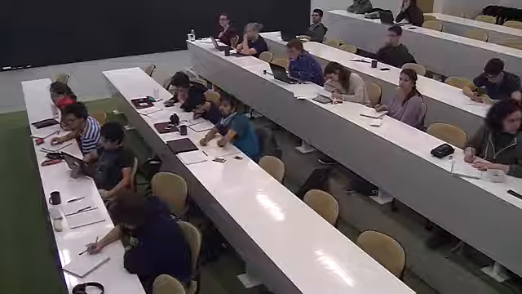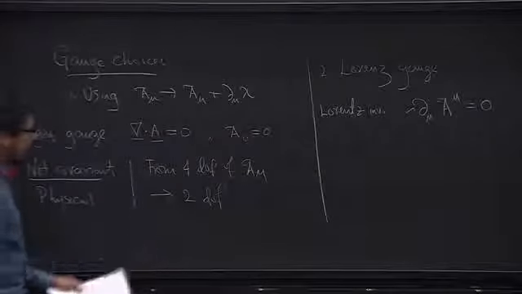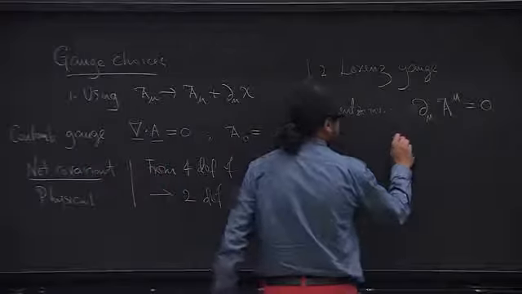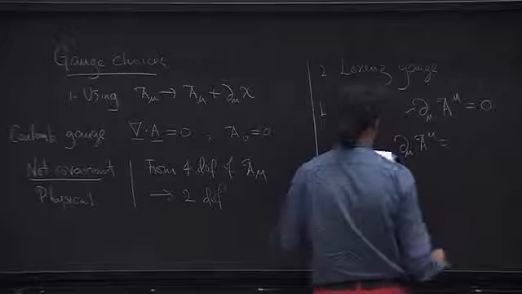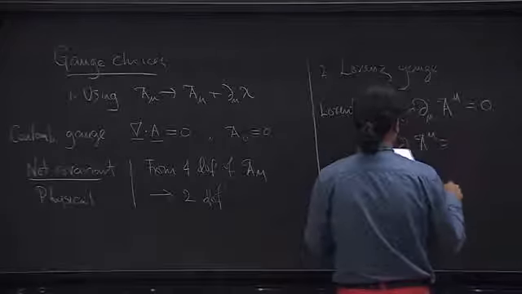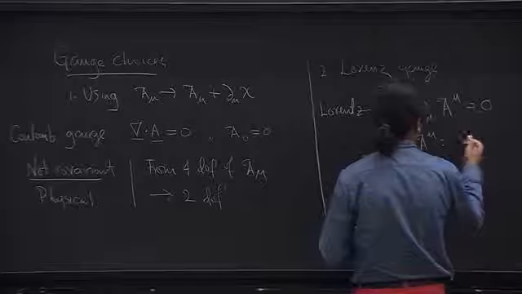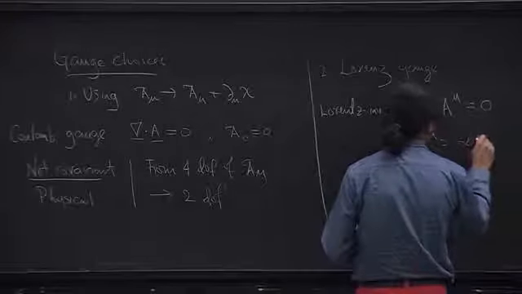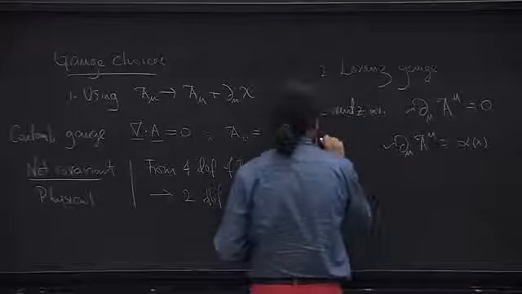So the Lorentz gauge is Lorentz invariant. There's a generalization of this Lorentz invariant gauge. Some people work with, instead of 0, some scalar function, say alpha, here. This is sometimes called the Feynman gauge.